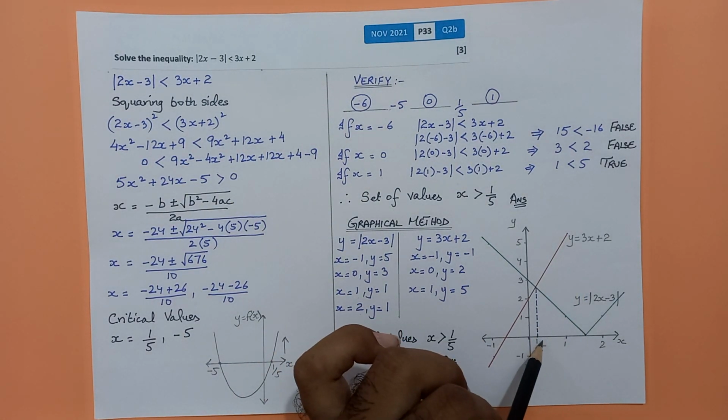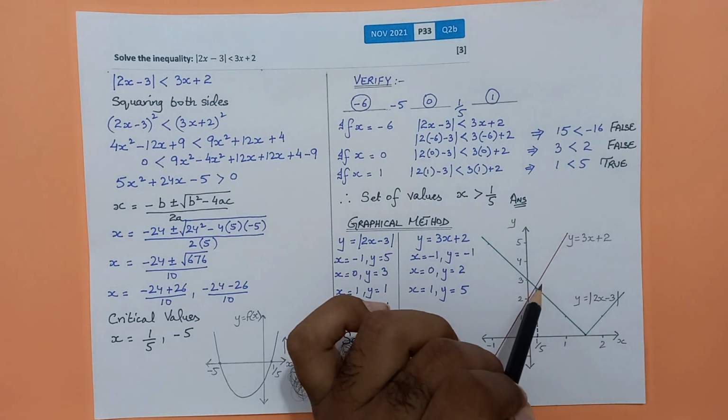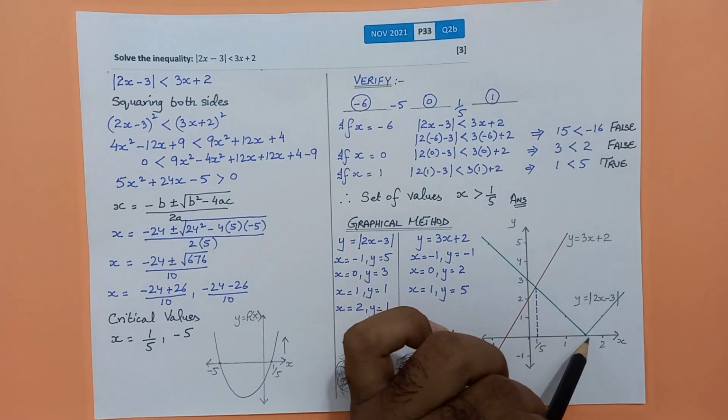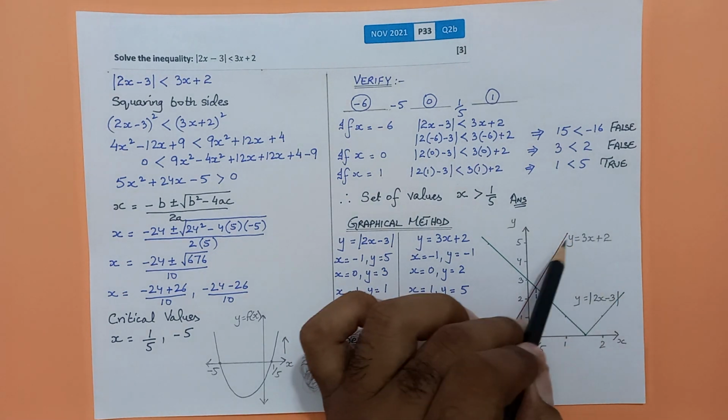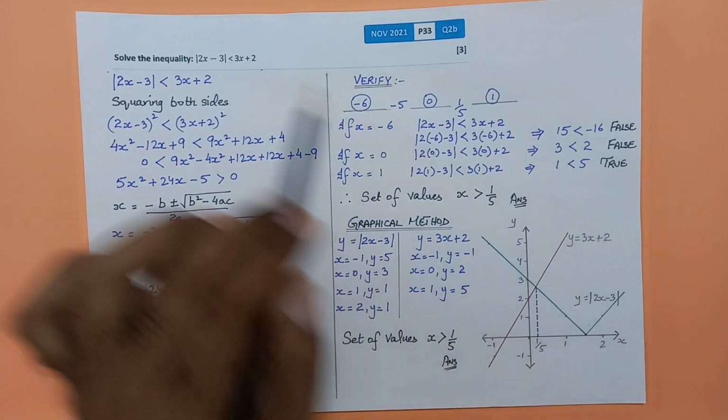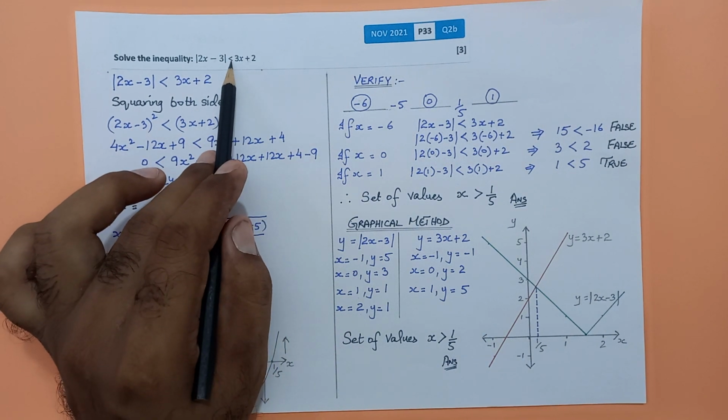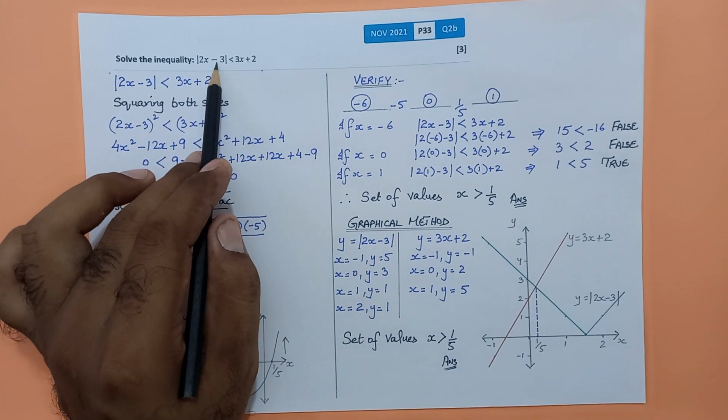But if we take any value greater than 1/5, it is observed that the red line is above the green line. That means the red line is greater than the green line, and the red line is 3x plus 2, which according to the question is greater than the modulus expression.